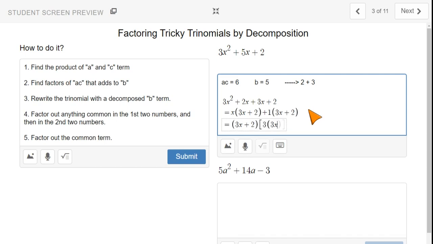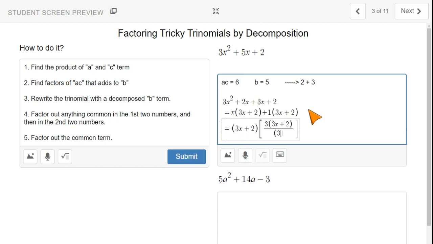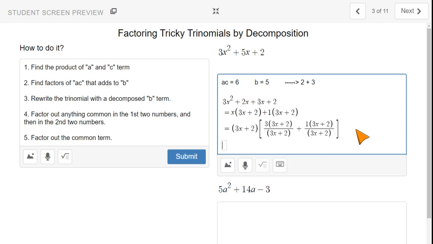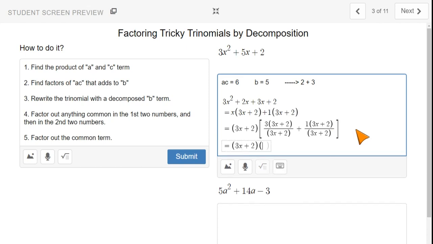I'm rewriting the equation from the line above, but mainly to show that these divide out. So these two terms have divided out, and these two terms have divided out. What I have left is 3x plus 2, and inside the second bracket, I have, oops, this was an x plus 1.